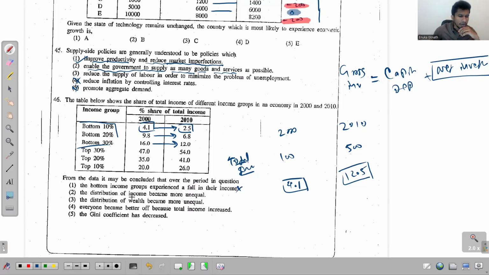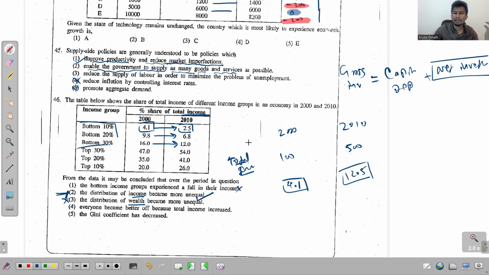Second one, the distribution of income becomes more unequal. Yes, disparity increases. The third one, the distribution of wealth becomes more unequal. ලොකු වෙනසකුත් නැහැ ඉතින් income and wealth කියන එකේ, but the table is about income. ඒ නිසා we can't select the third one to be the answer. The second one has to be the answer there. Fourth one, everyone became better off because total income increased.